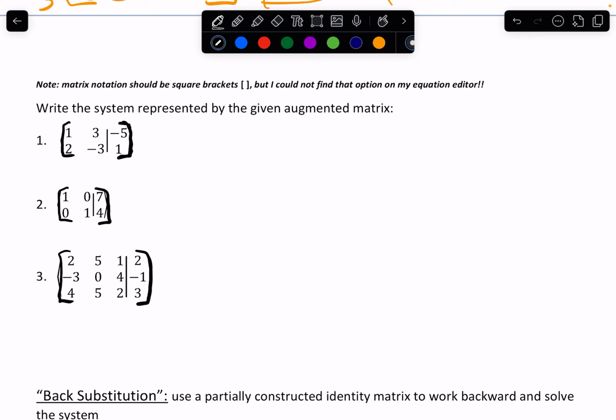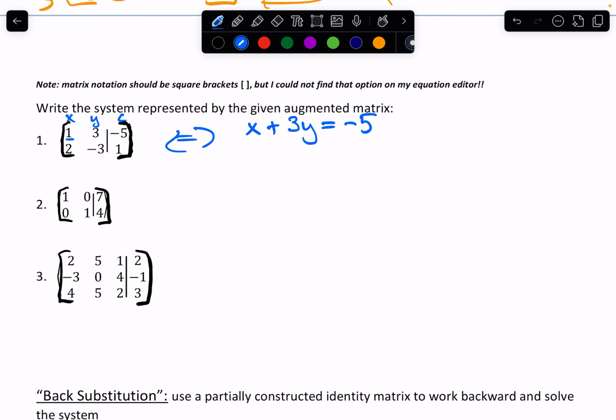All right, so we're going to write the system represented by the given augmented matrix. Remember, this first column is x, the second column is y, and the augmented column is the constant. We don't write the 1 in front of the x because we know it's there. But we're going to do 3y equals negative 5.